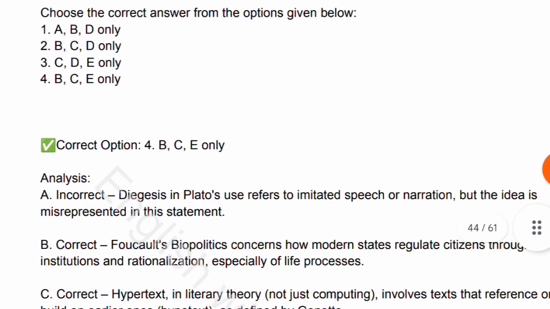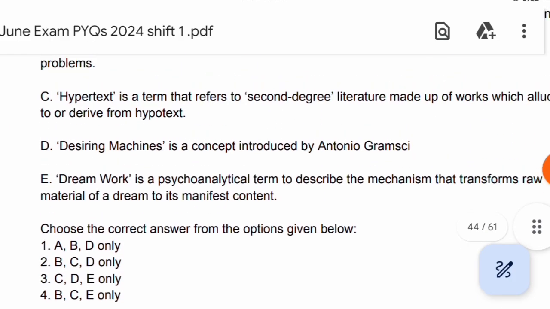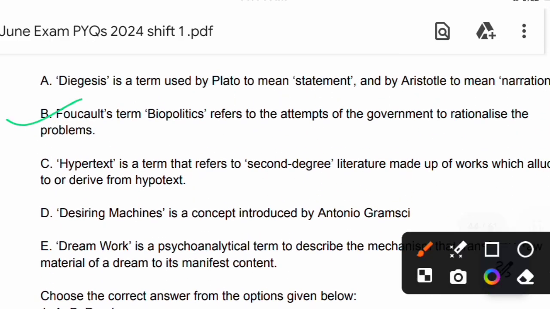The correct answer of this question is option 4, B, C and E only. That means B, C and E. Foucault's term biopolitics refers to the attempts of the government to rationalize the problems. Correct statement.